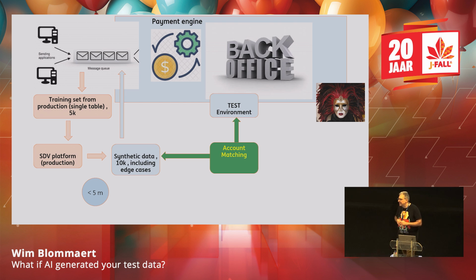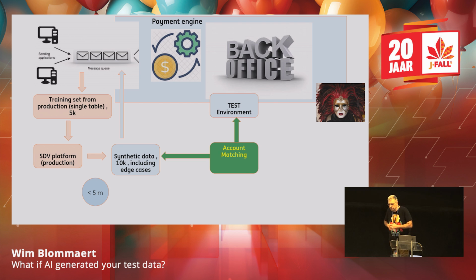Then we ran into a little problem, because once that payment engine has done its work, for instance, the balance on the account has to be changed, the accounting system has to be changed, so these are the back office systems. And that back office system started complaining because it doesn't know the account numbers that we synthetically generated. So there were two options. We could synthesize the back office systems, but there are a lot of them.